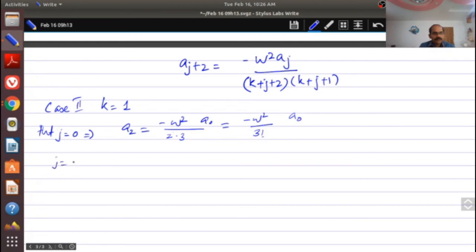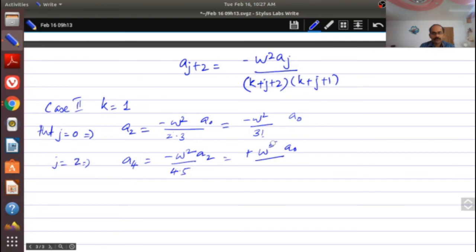Similarly, going by j equal to 2, you will get, let me write it straightforward, it will be minus omega raised to 4 a0 divided by, instead of 2 into 3 it will be 3 into 4, 4 into 5, so it will be minus omega squared a2, which is plus omega raised to 4 by 5 factorial.